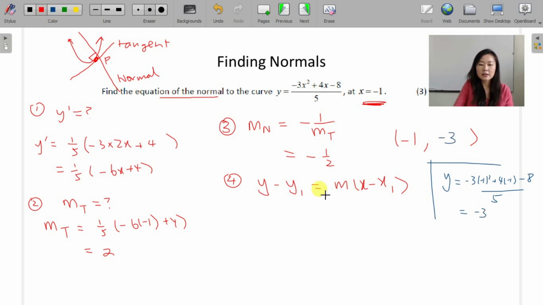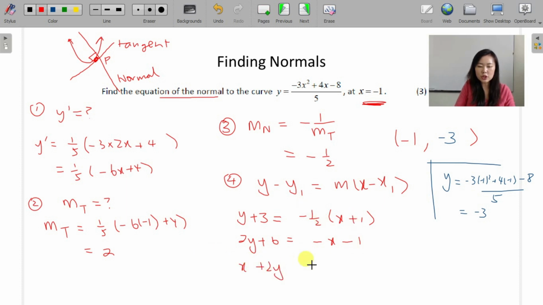Okay. So then now we have the point gradient formula. Multiply the 2 across. So -1 times x is -x, -1 times 1 is -1. Move everything to one side.